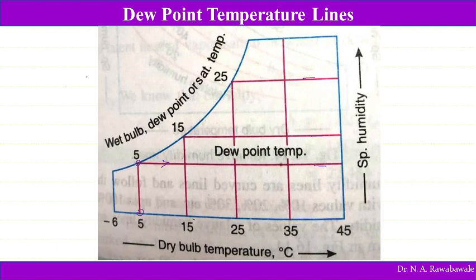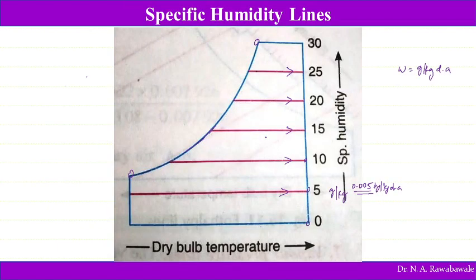Say this is the 15 degrees Celsius dry bulb temperature line. Wherever it intersects the saturation curve, the line starting from this point in the horizontal direction gives the dew point temperature. One thing we can note here is that the dew point temperature lines are horizontal, or parallel to the x-axis, similar to the specific humidity lines.